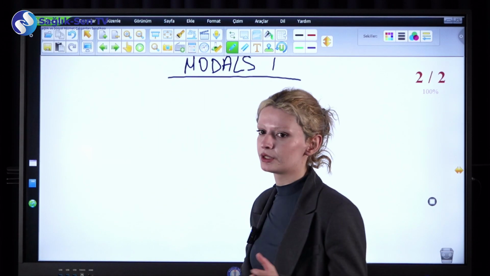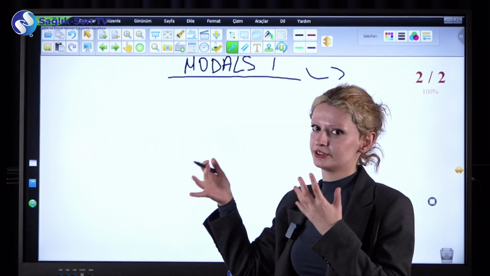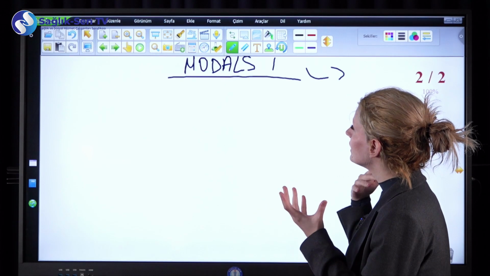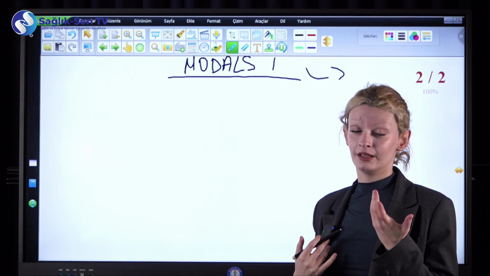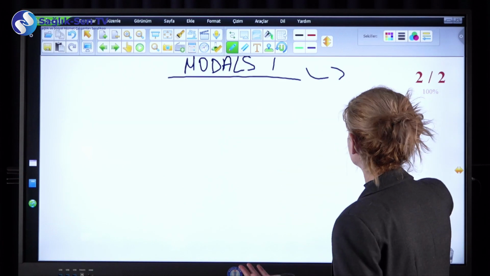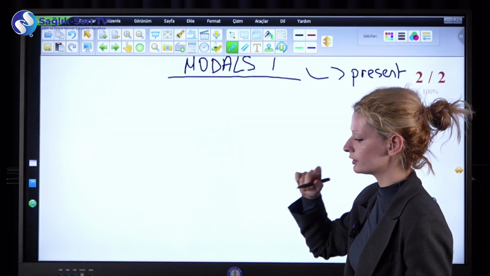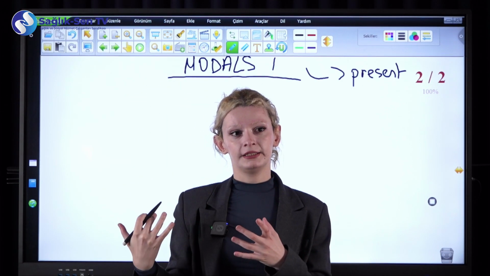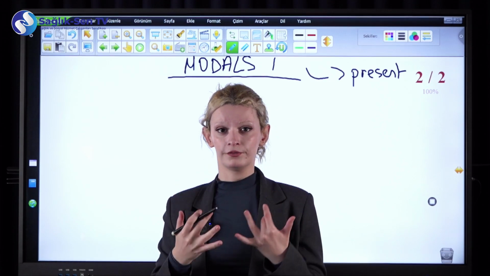As you may remember, we use modals 1 to express things, actions that belong to the present. We use the bare form of our modals and then the bare infinitive form of our verb.